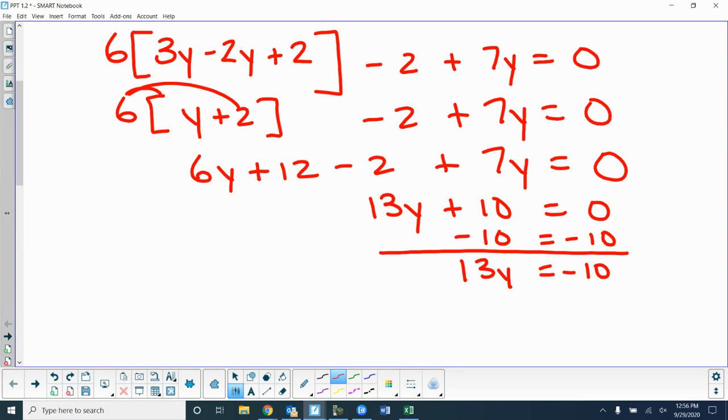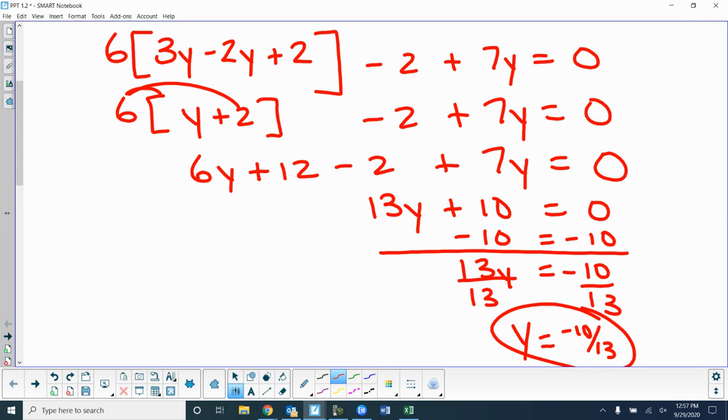And then I'm taking that 13 to the opposite side. It's 13 times y, so to move it to the opposite side, I have to divide. So that's my answer, negative 10/13. And it's okay to get a fraction or a decimal. It's not always going to be a nice whole number for you. Does that make sense? Any questions?